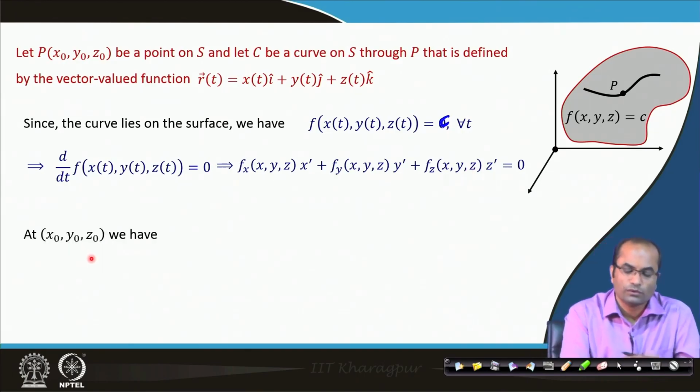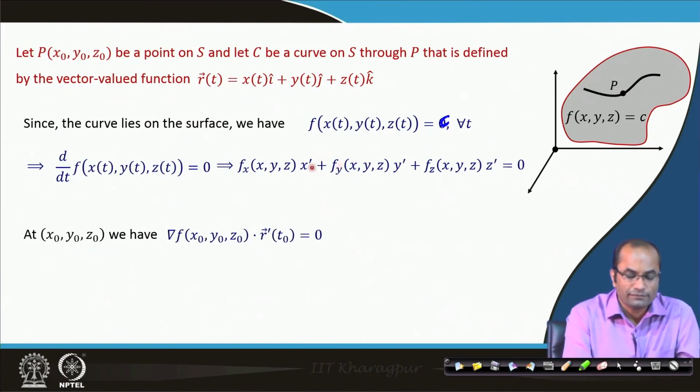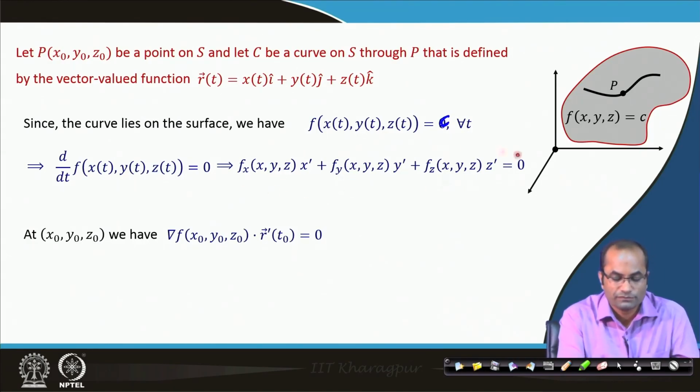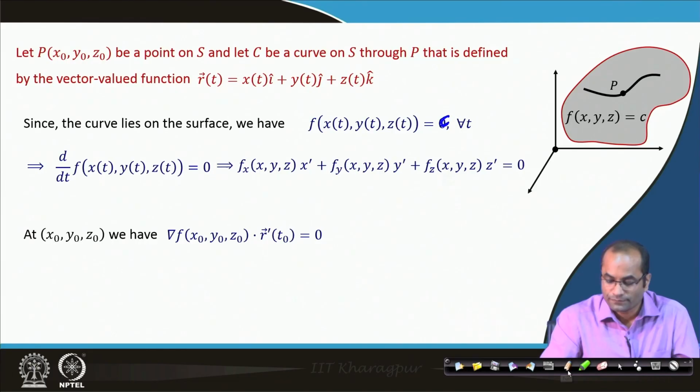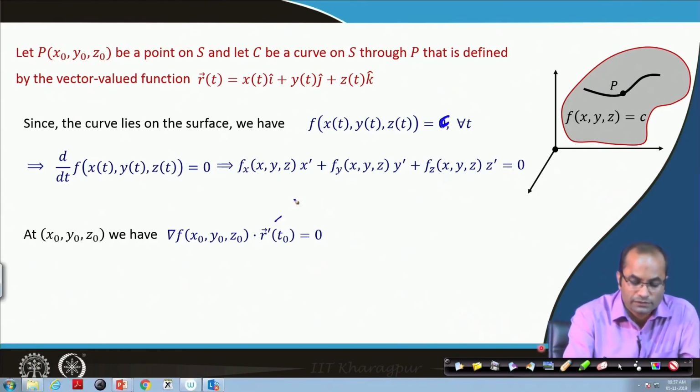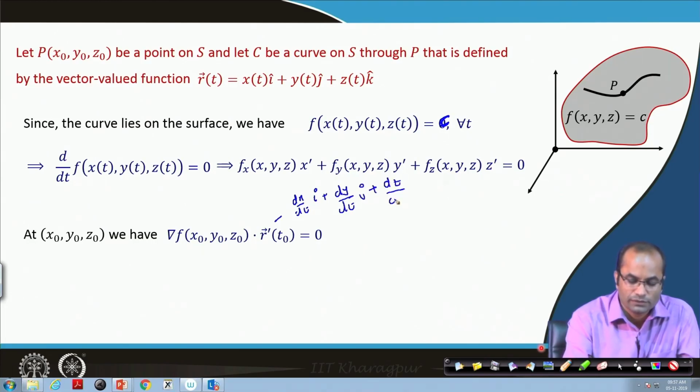At this point, or at any other point also, it is a general point here. This expression we can also write in terms of del and the derivative of r. What is the derivative of r? The derivative of r was dx over dt with the i component, then dy over dt as the j component, and dz over dt as the k component.